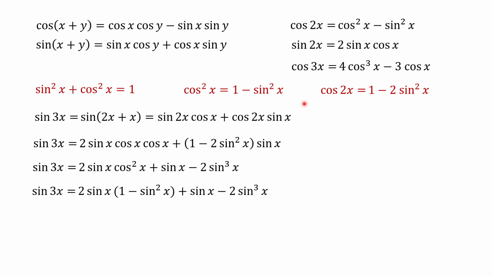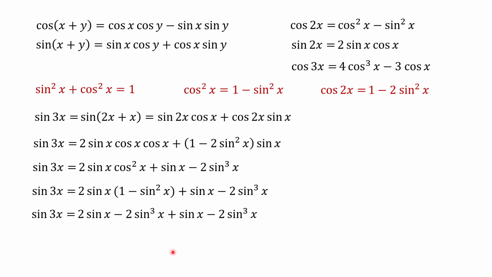Let's put it in. Now we open the parentheses. 2 sine x times 1. It's 2 sine x. Then minus 2 sine x times sine squared x. And that will be minus 2 sine cubed x. These 2 terms come from here.